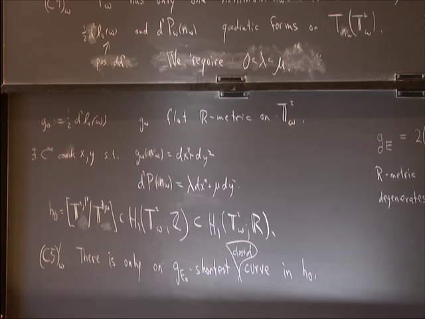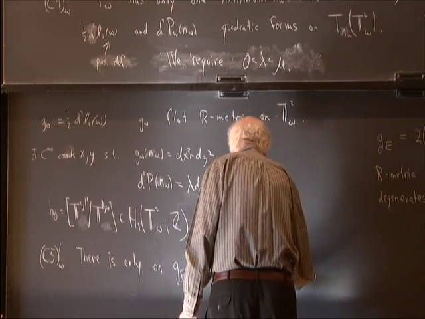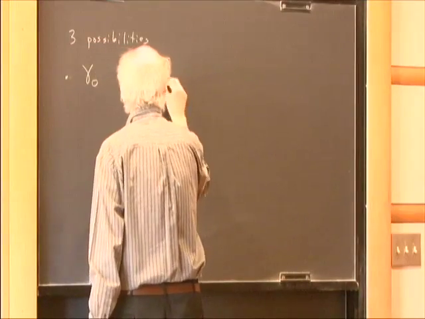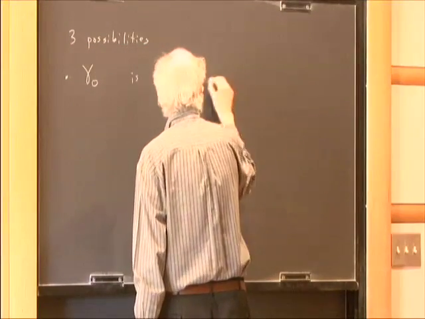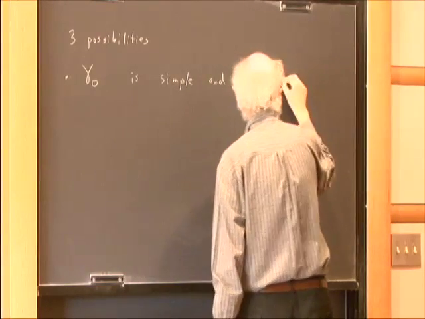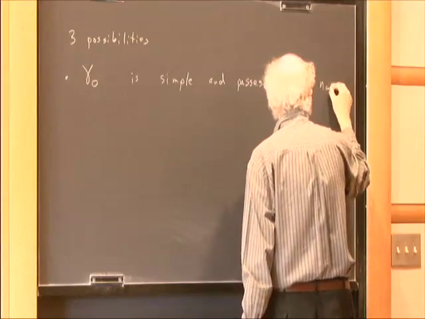Gamma 0, so I call this curve gamma 0, is simple and passes through n omega.